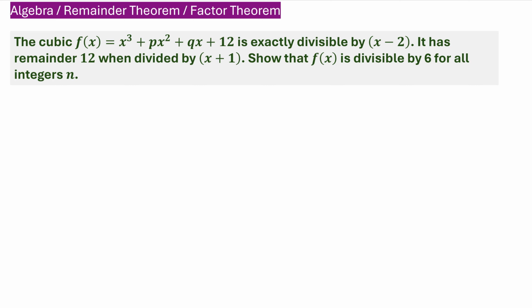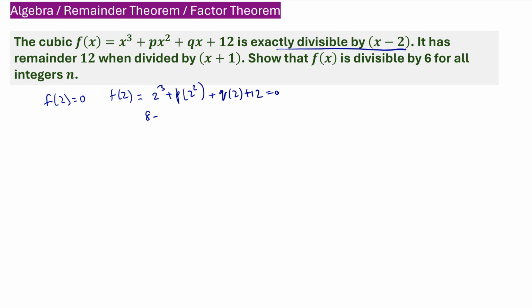For the first bit, since it is exactly divisible by x minus 2, then f of 2 must be equal to 0. So we can write f of 2 as 2 cubed plus p times 2 squared plus q times 2 plus 12, and that equals 0.